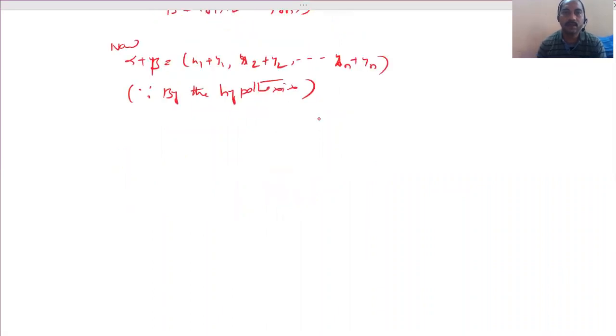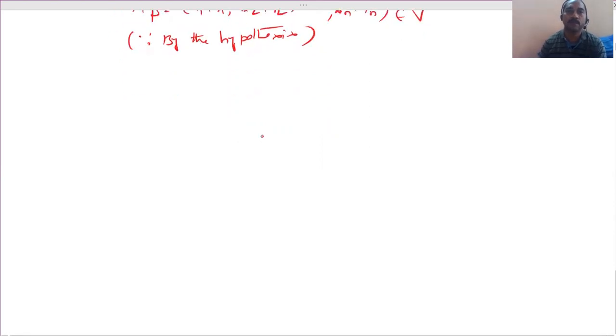This is component-wise. Each xi and yi are elements in the field, therefore their sum also belongs to the field. So every component is taken from the field, therefore it is an element of V. So closure is over.